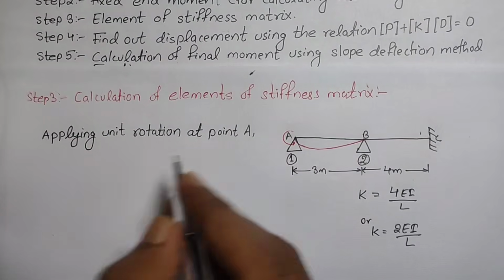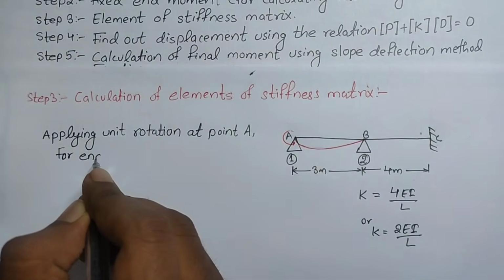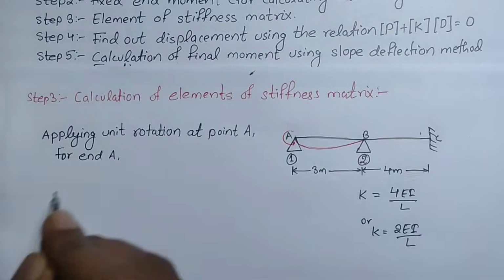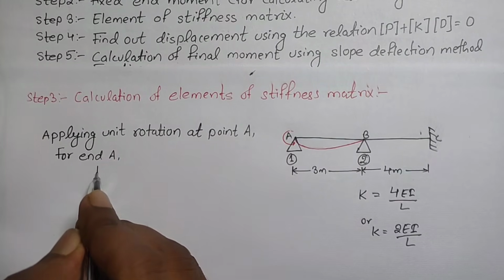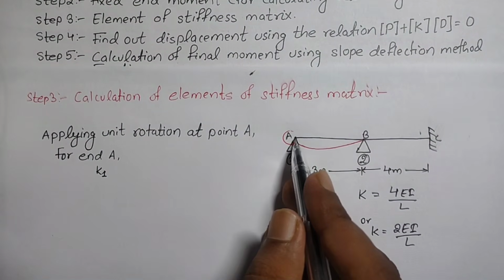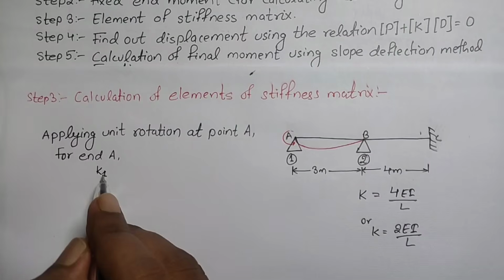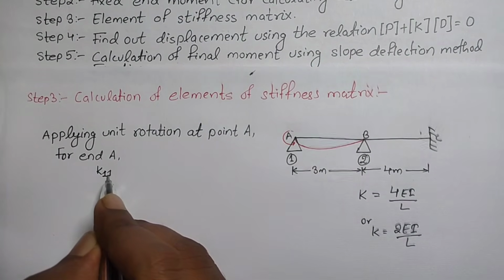Applying unit rotation at point A, for end A: if we are applying the unit rotation at a point and for the same point, then we will use K. I am applying the unit rotation at point A for the same point, A means 1, and for the same point means again 1.